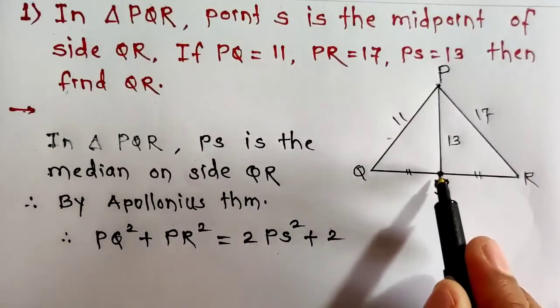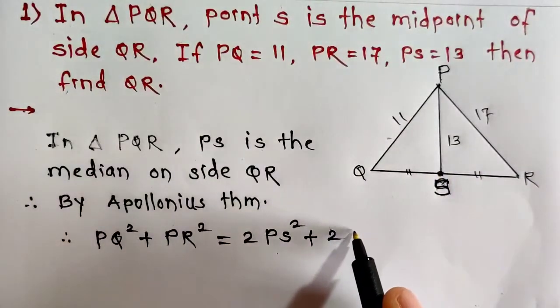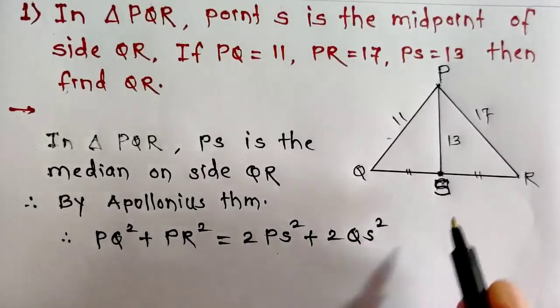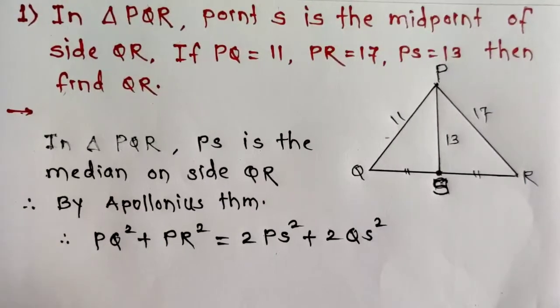Half QR means QS or SR. So this is Apollonius principle. Remember again how to use that principle.